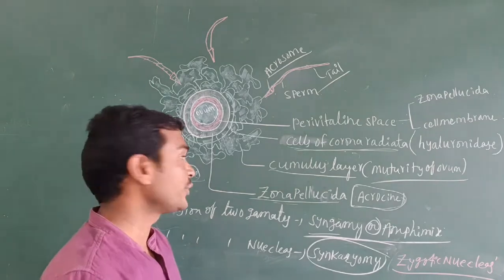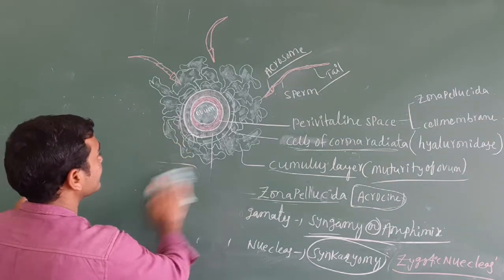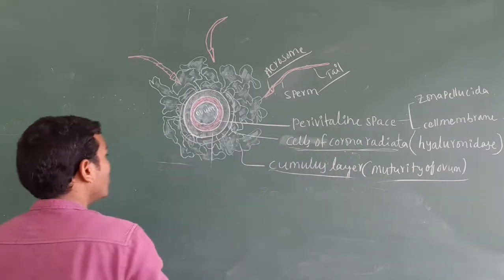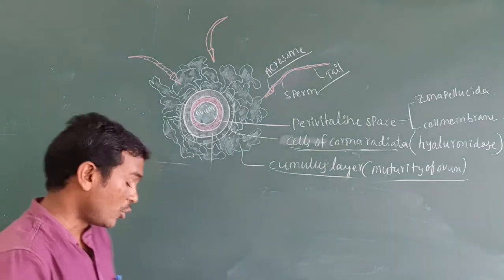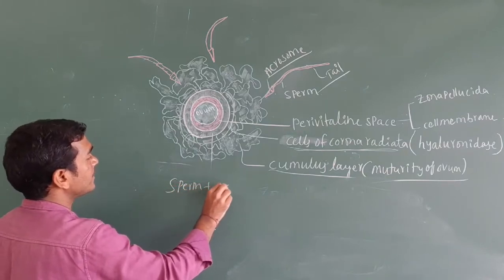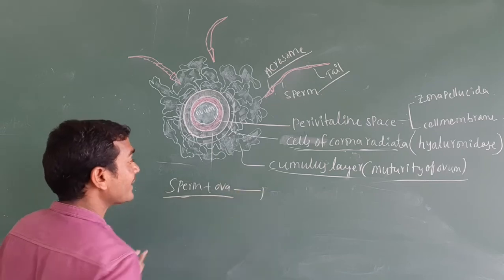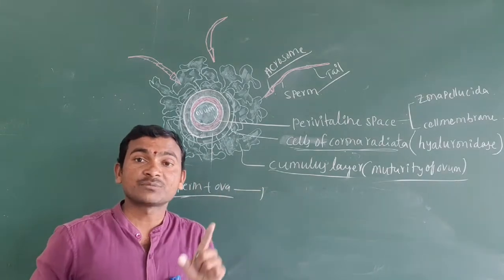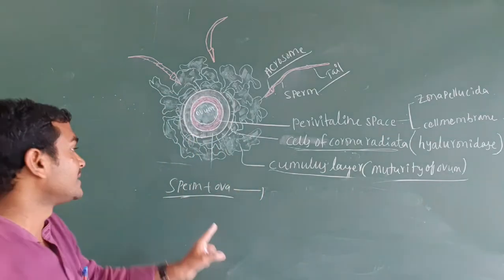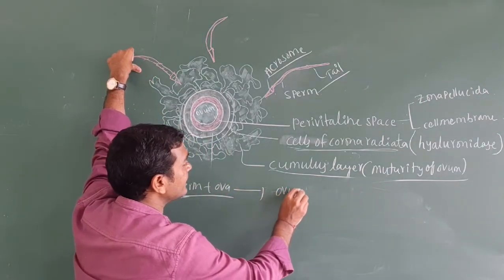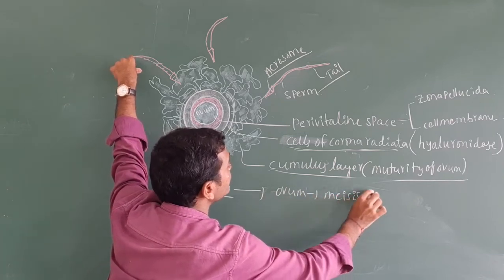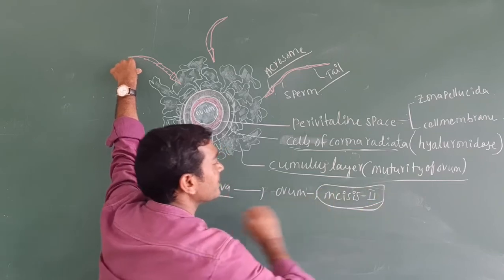Here is one thing we are going to discuss, and it is a very important thing. When the sperm combines with the ovum, the ovum, which is arrested in meiosis 2, completes meiosis 2.